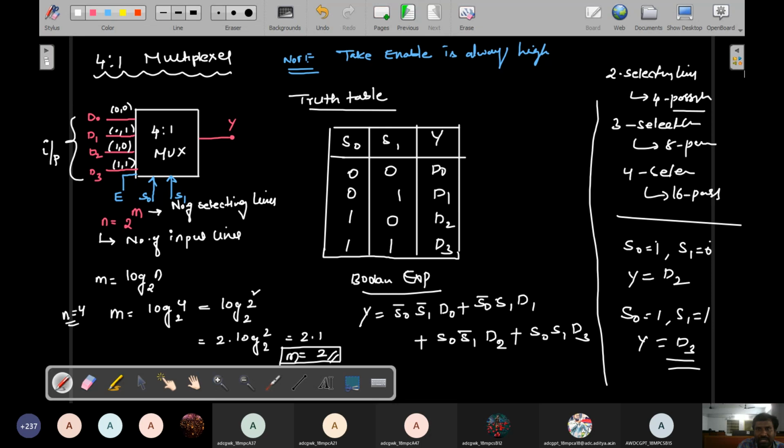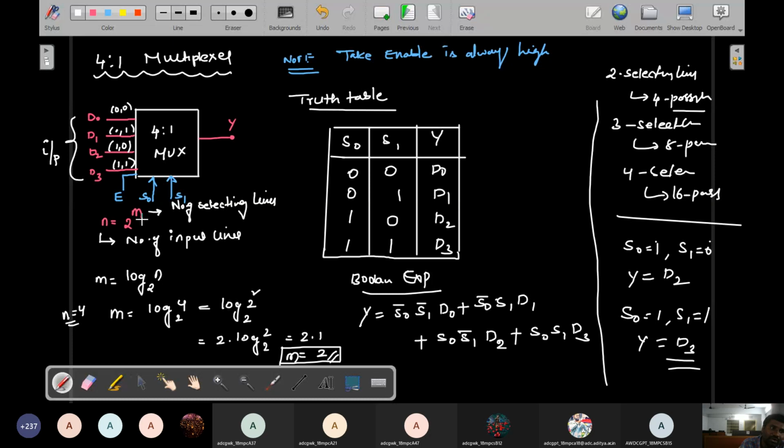Here I consider two selecting lines, which means I get four possibilities. If I consider three selecting lines, I'll get 8 possibilities. If I get four selecting lines, I'll get 16 possibilities. If I get 5 selecting lines, 32 possibilities are there. So depending upon the possibilities, you will select the selecting terminal.